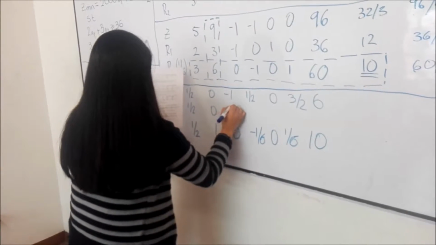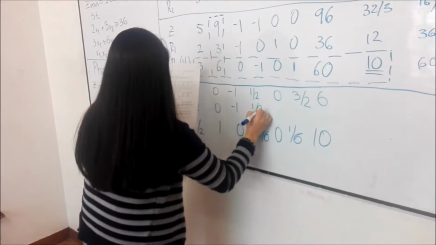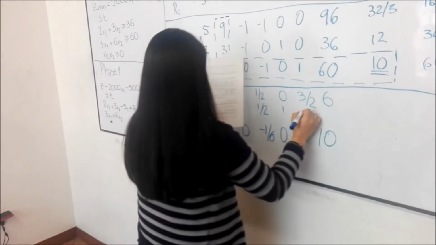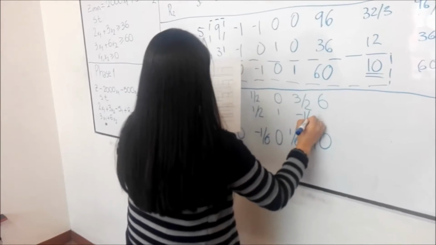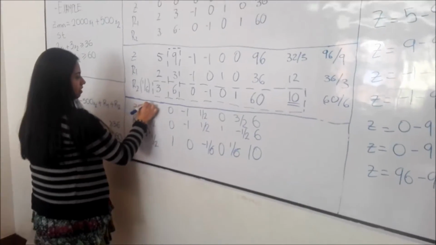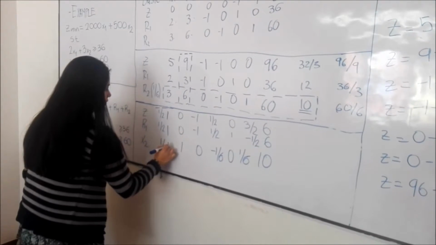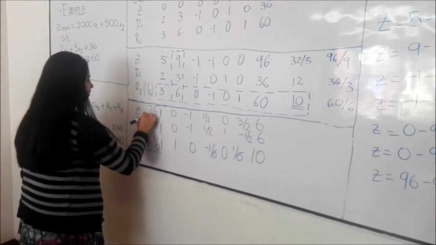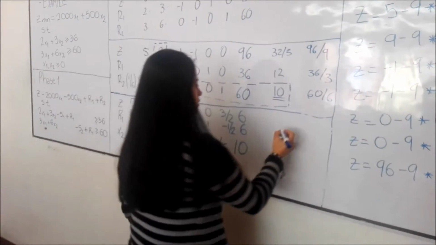The results are placed in the row: x1, 1 over 2, x2, 0, s1, minus 1, s2, 1 over 2, r1, 0, r2, 3 over 2, solution 6.